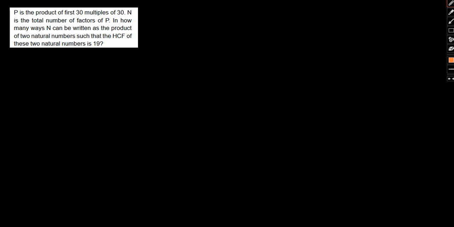Okay, so if I talk about P, this can be written as 30 into 60 into 90 into 120 and so on till 29 into 30, and then 30 square. Okay, so I'm just writing 30 into 30.